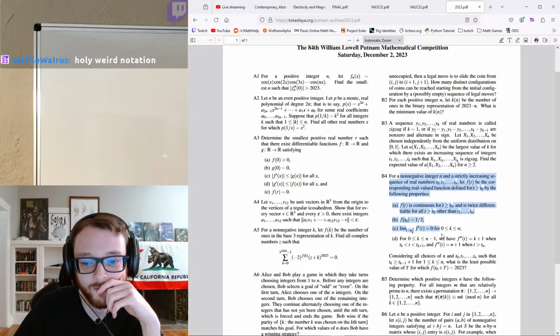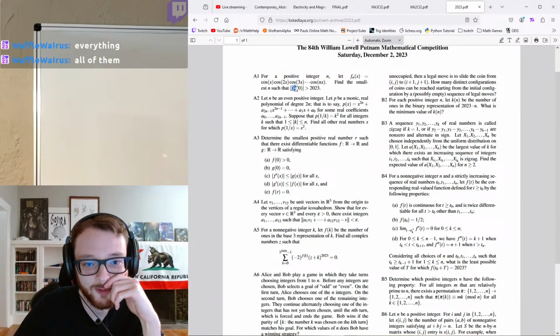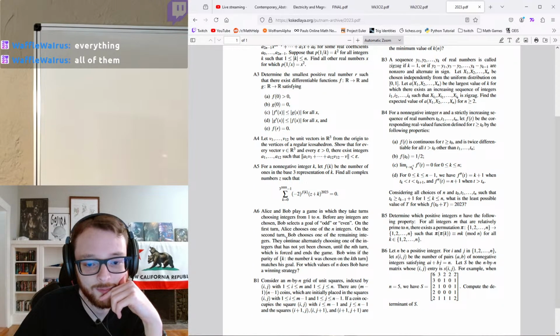Oh wait, no, it was this one that I tried, I think. So they use some calculus ideas here, like f double prime. Should I assume that's what puts it in the college realm? A6? It might have been that one.